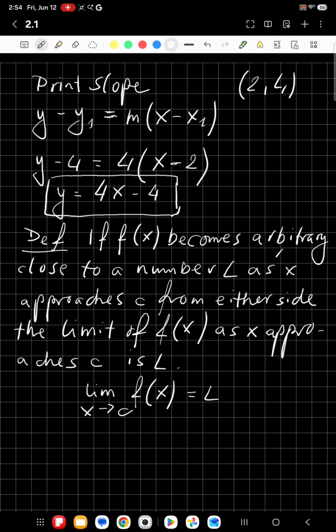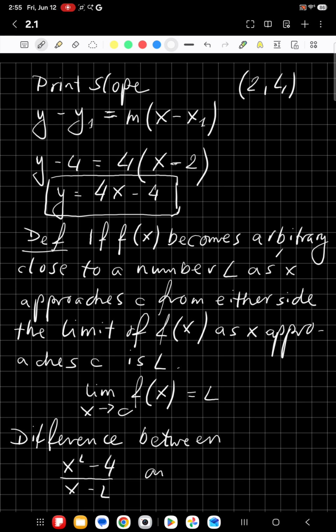Before I give you examples, let me explain quickly the difference between x squared minus 4 over x minus 2, our original formula for slope, and x plus 2.